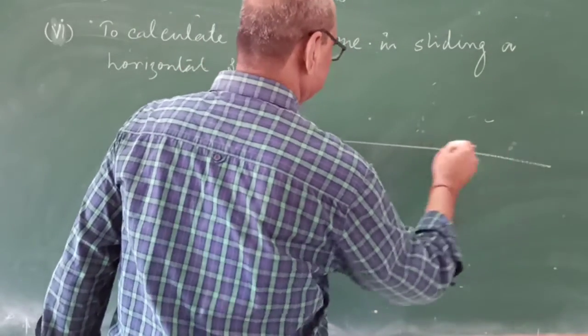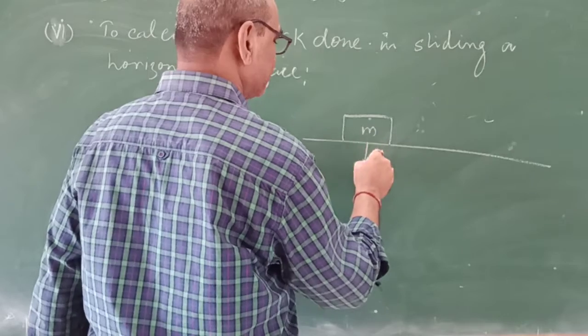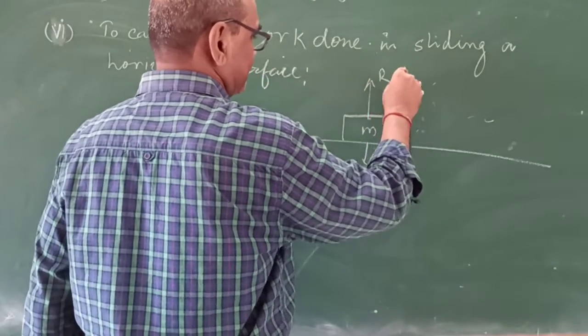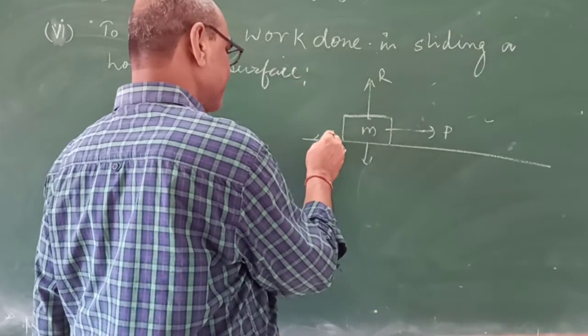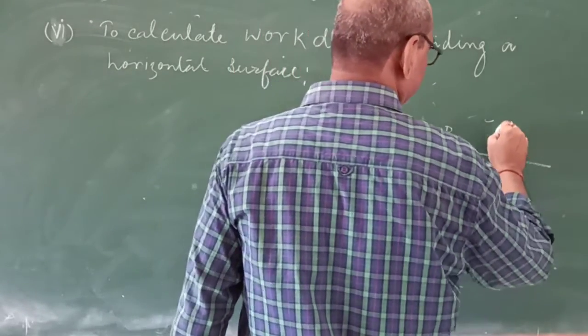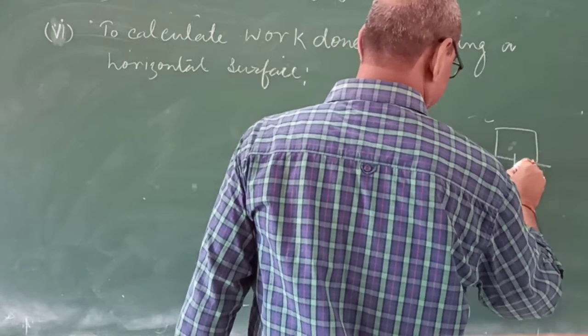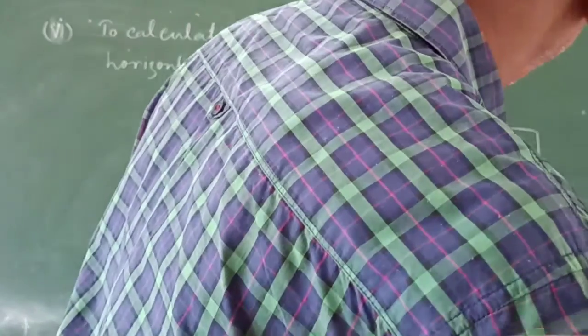Take a block kept on the horizontal surface, with its mass, weight and normal reaction. We apply a force equal to P. The force of friction comes into play so that the body will move from place A to place B. It covers a distance equal to d.